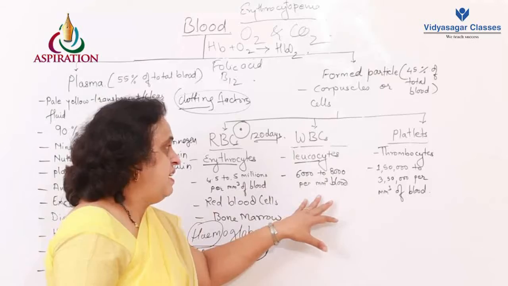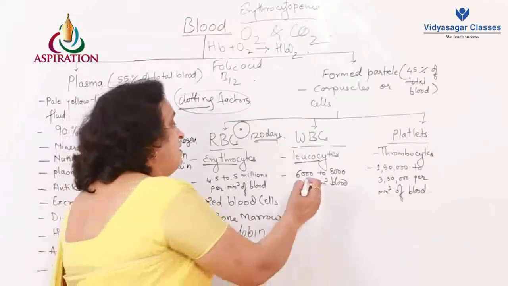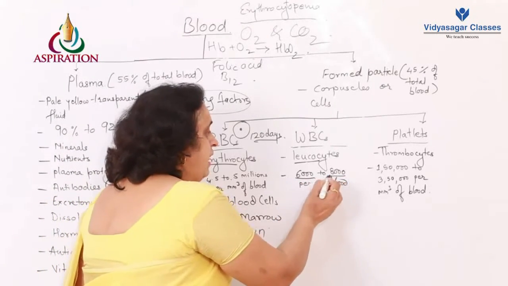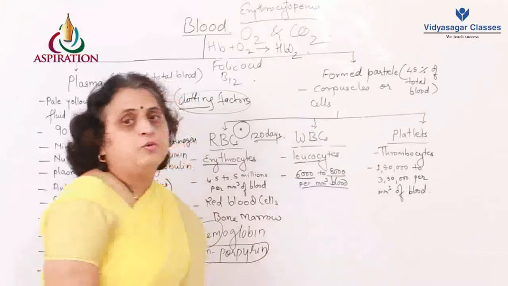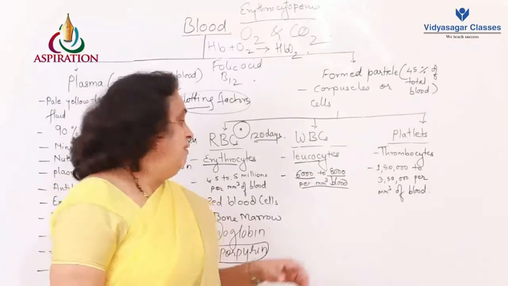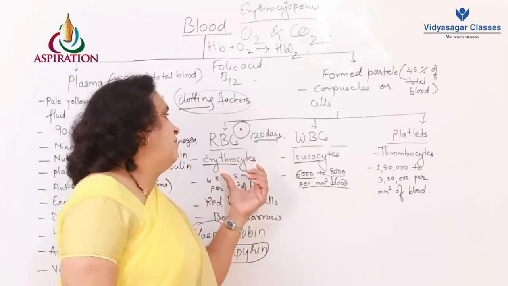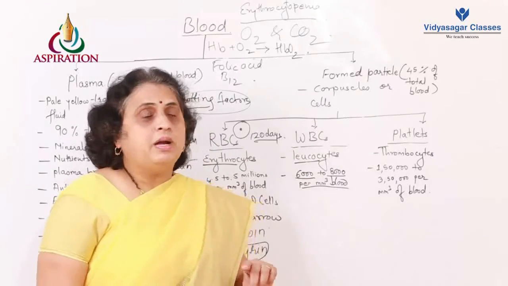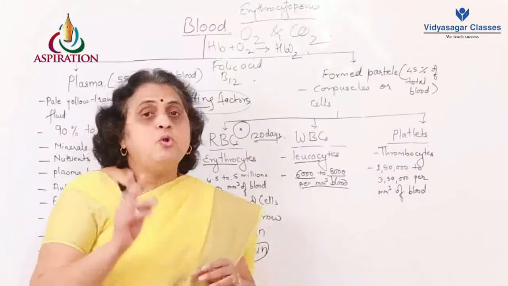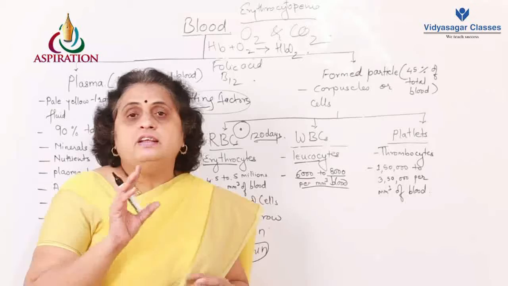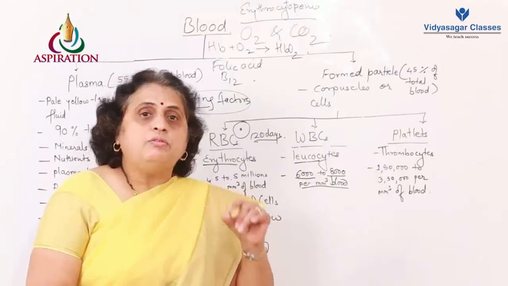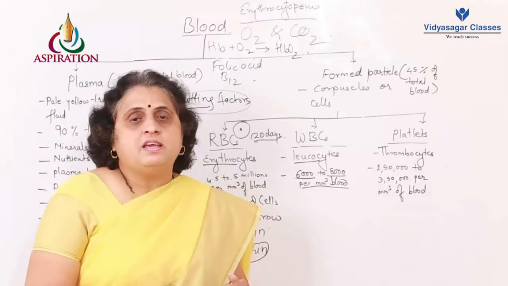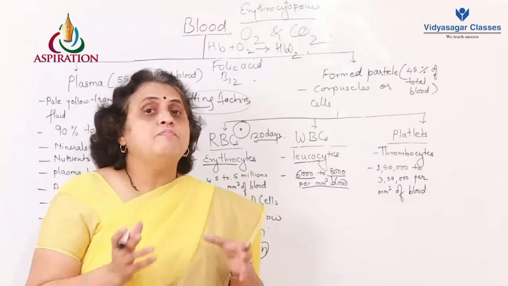These WBCs are 6,000 to 8,000 per cubic millimeter of blood. If you observe, WBCs are less in number compared to the RBCs. The red color of the blood is because of the RBC. But if you look at the individual RBC, it is not red in color, because the amount of hemoglobin present in a single RBC doesn't have the capacity to impart red color.